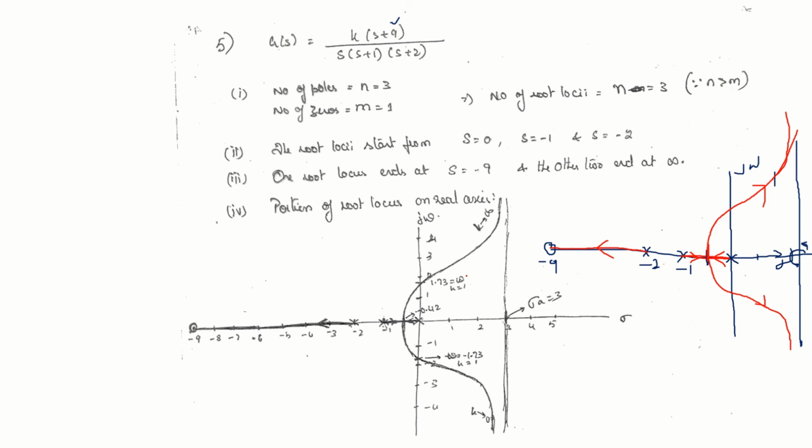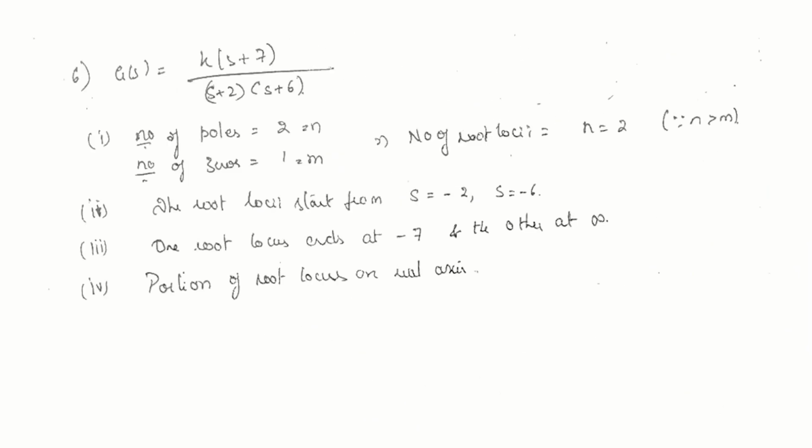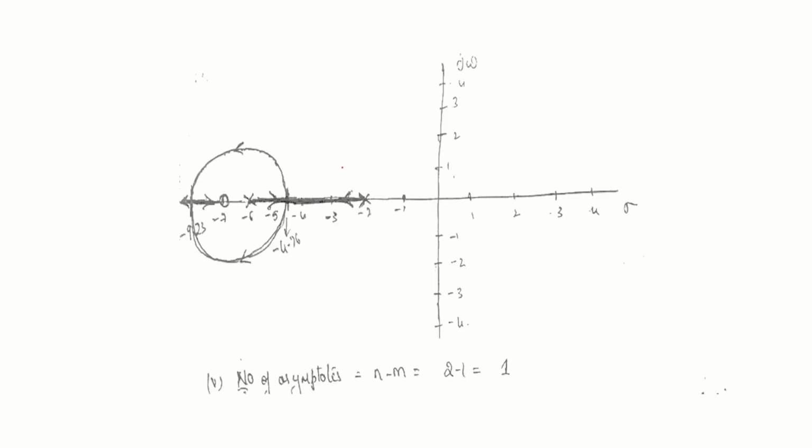Okay, that's how we can draw the root locus and mark all the relevant values. Here there are 2 poles and 1 zero. So here as it is, it will break here. Then you will get a break-in point at this point when you do the breakaway points. So these two will break.